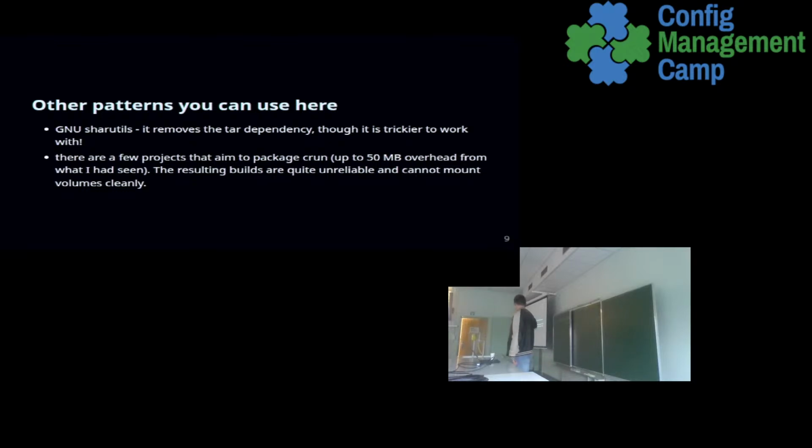I've tried tar utils. It removes the tar dependency. You don't need tar on your system at all, but it is trickier to work with. I just ran into a couple issues getting it to unpack cleanly and then execute. So tar utils took a bit of fighting, so I just decided to simplify it and just use this little demarcation line you've seen.